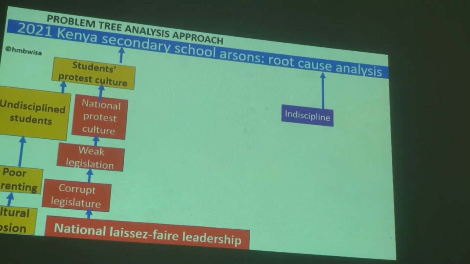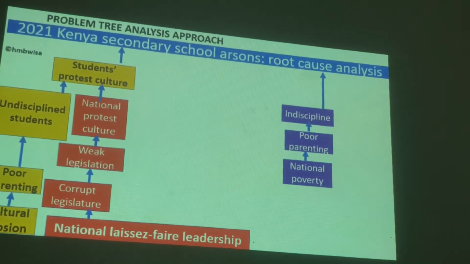But arson can also be a result of indiscipline. Not so much as student protest culture, but indiscipline of the students. Again, poor parenting can lead to indiscipline. National poverty can lead to poor parenting. How?